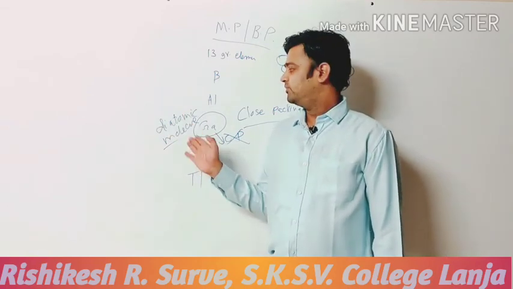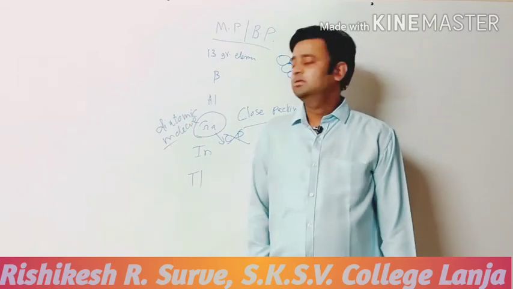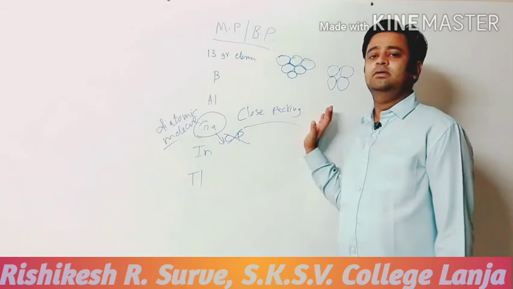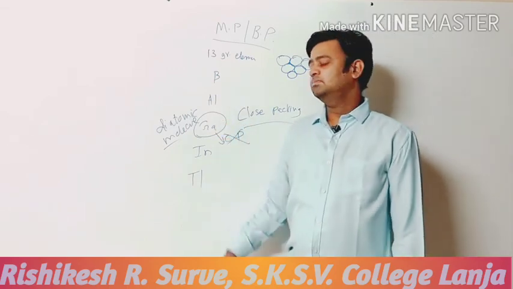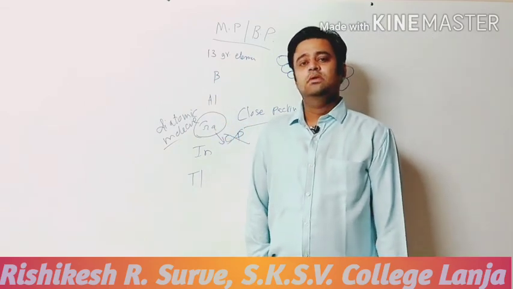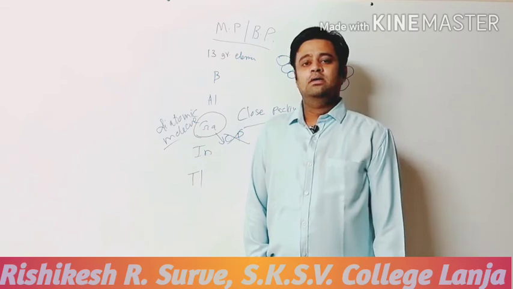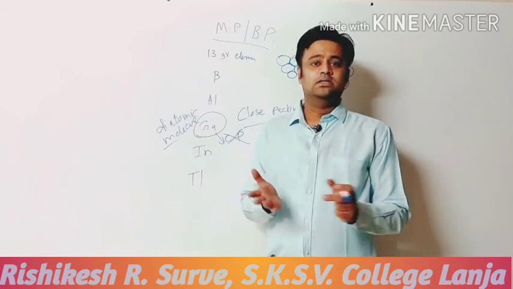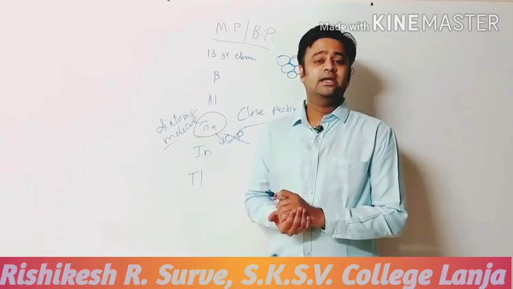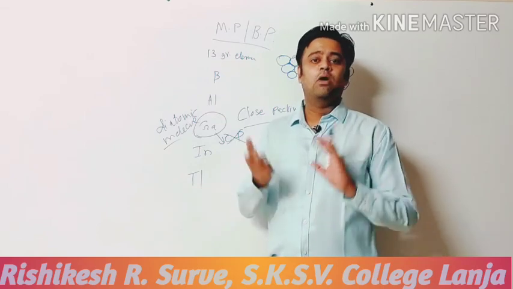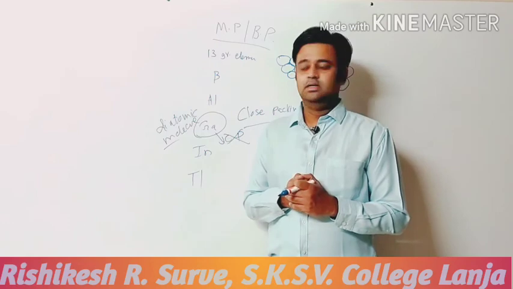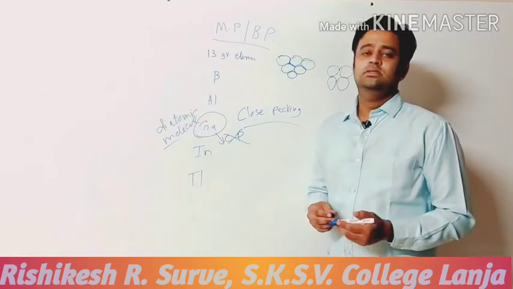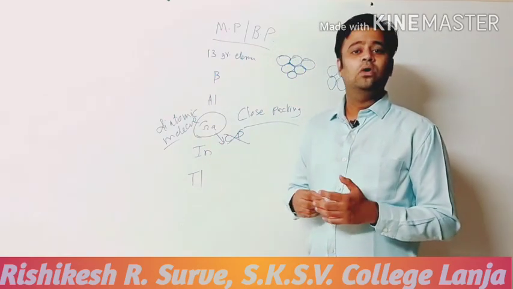This is because it forms a diatomic molecule rather than close packing. Secondly, gallium in the liquid state expands to form a solid. And hence its melting point is remarkably low.